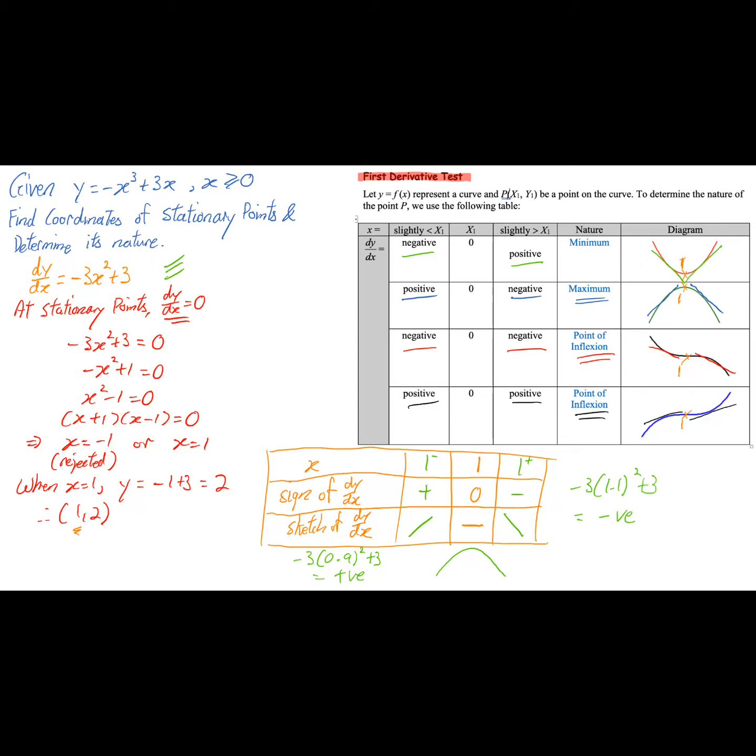After this step, we continue with our solution. Therefore it is a maximum.